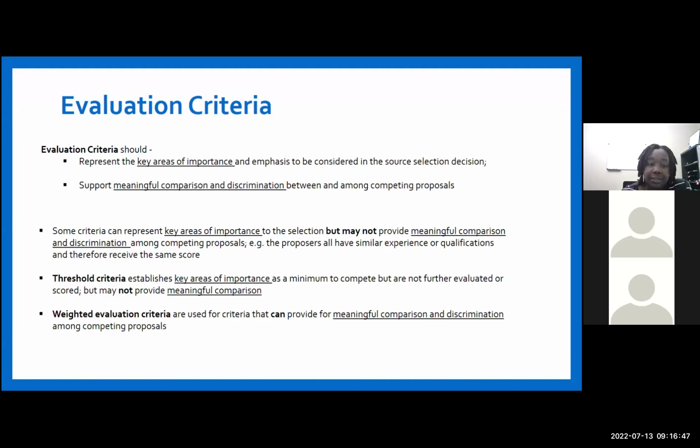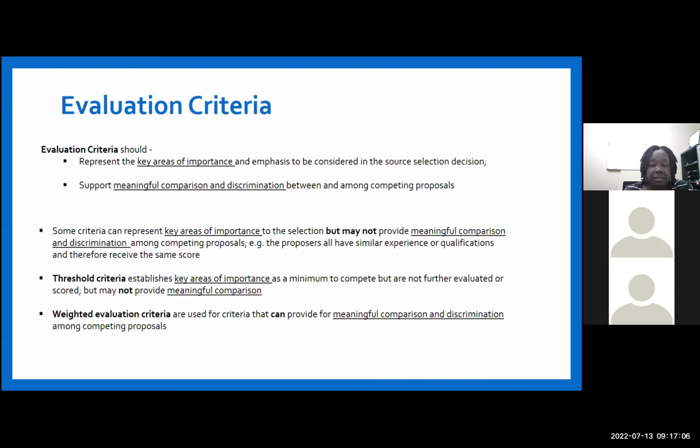A threshold criteria establishes key areas of importance as a minimum to compete, but are not further evaluated or scored, as they may not provide meaningful comparison. And a weighted evaluation criteria is used for criteria that can provide meaningful comparison among competing proposals.